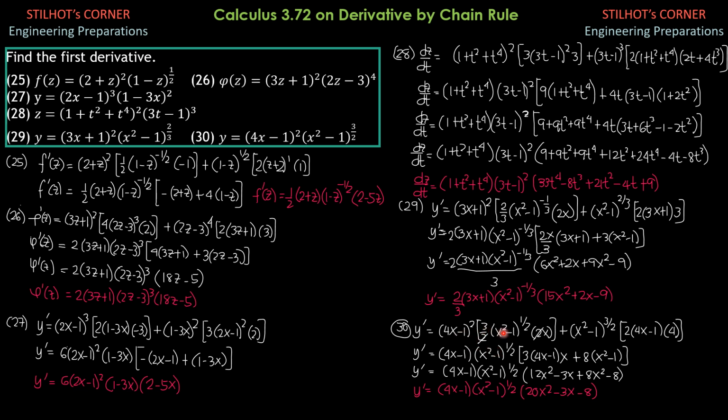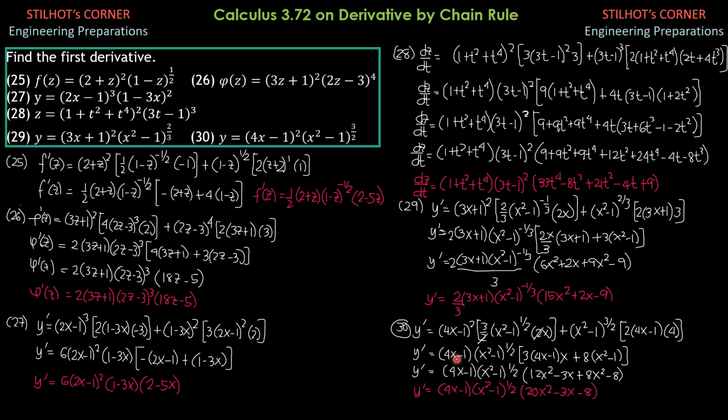Then we have 3x also, so 3x of quantity 4x minus 1 raised to 1. Then this term divided by this common factor, so 4x minus 1 out, we have 8 definitely. And we have quantity x squared minus 1 raised to 1, that is 3 halves minus 1 half, of course, raised to 1.